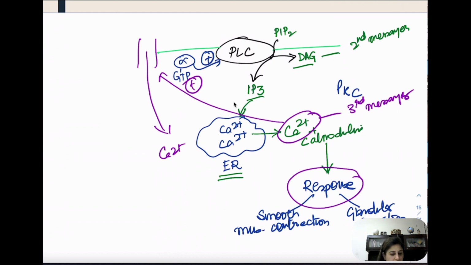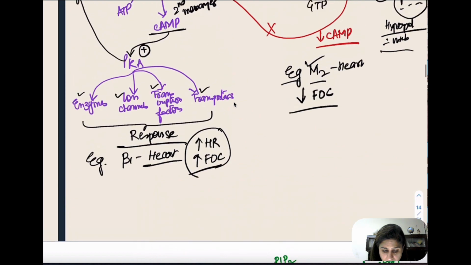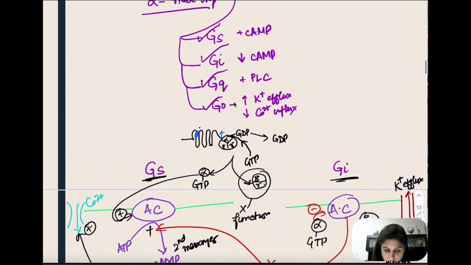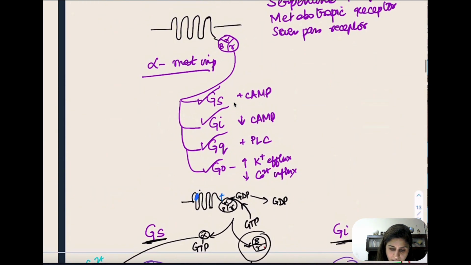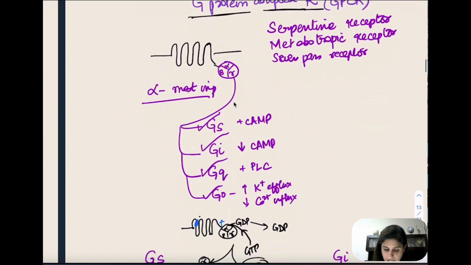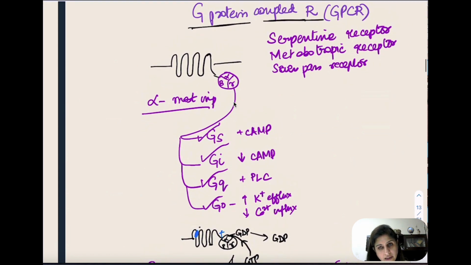So these are the three important messenger or transducer systems for the G protein coupled receptors. Please, let's be very clear about them. There are three types, and if I just revise, they are the serpentine 7 membrane receptors, 7 pass receptors, metabotropic receptors.